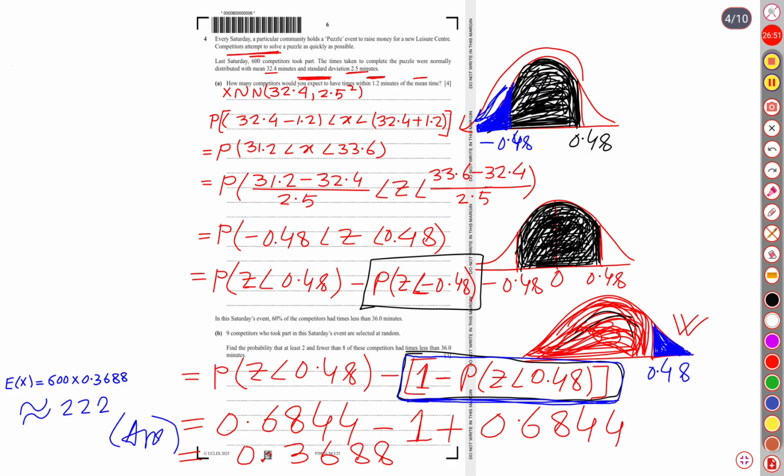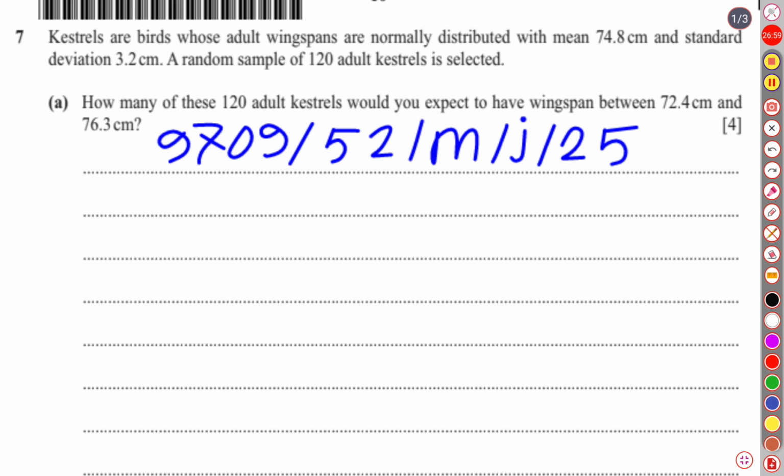Let's see one more question under the same concept of normal distribution. The next question has been selected from paper 9709/52 for the session May June 25, and we are going to solve question number 7, which says kestrels are birds whose adult wingspans are normally distributed with mean 74.8 centimeters and standard deviation 3.2 centimeters.